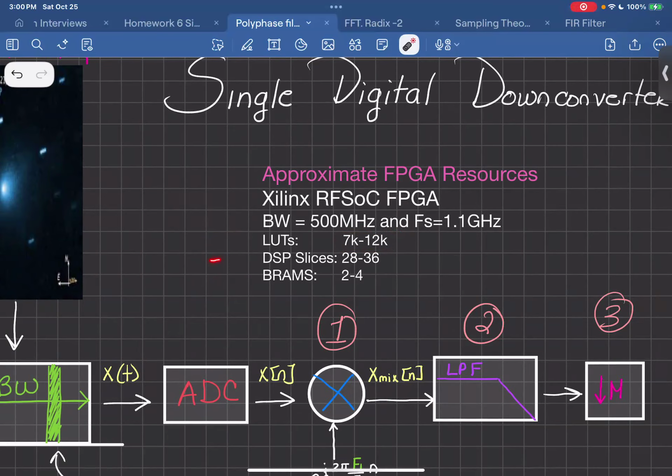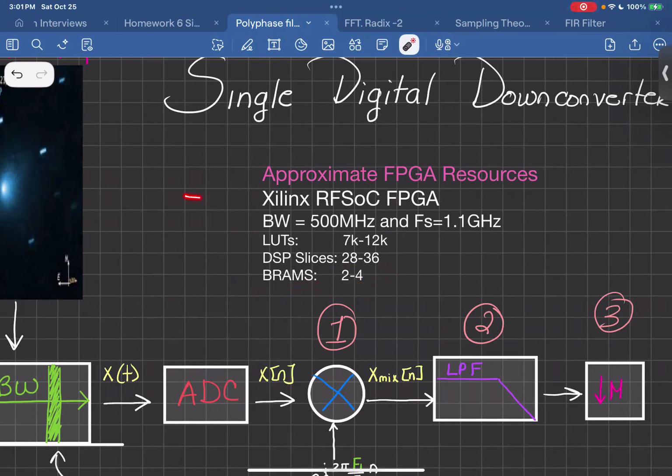DSP slices are dedicated multiplication and addition blocks that don't eat up our precious lookup table blocks. They're dedicated on FPGAs so that we can do our complex mathematics, which is what DSP is about. We're using 28 to 36 slices, and the block RAMs we're using are 2 to 4.